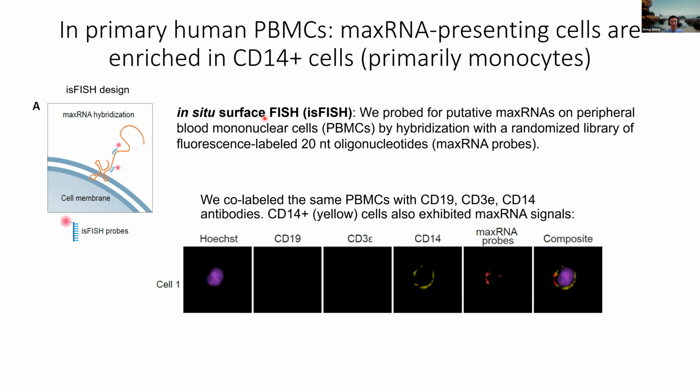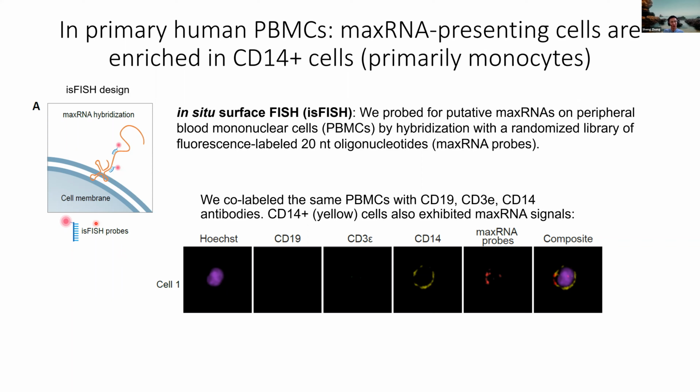We generated a random nucleotide library, and we incubate this random library of fluorophore-labeled probes with primary human cells. We watch the cells and image them, and then we use these probes to pull out those cells for further analysis.